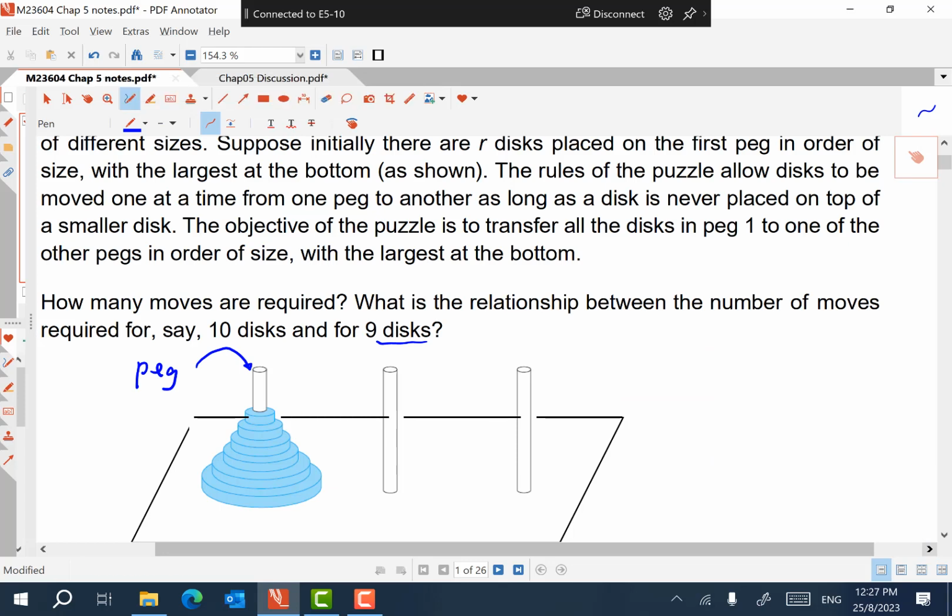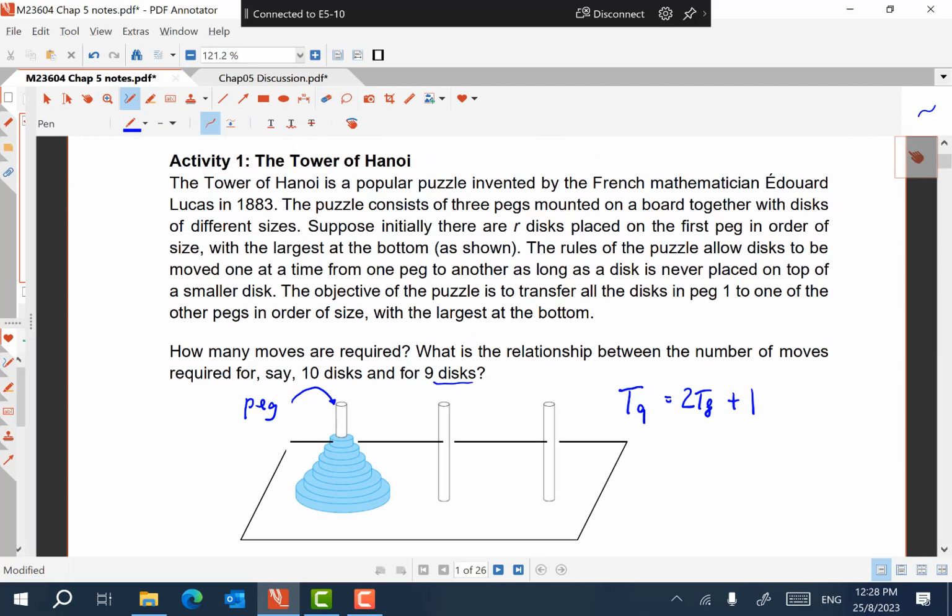Say, for example, if I'm talking about doing T9, why should T9 be twice T8 plus 1? Can you give a qualitative explanation? Let's say for example T9. Is there anyone who can offer a qualitative explanation?